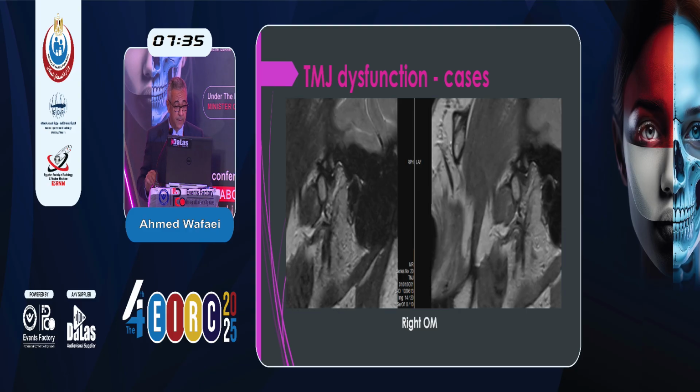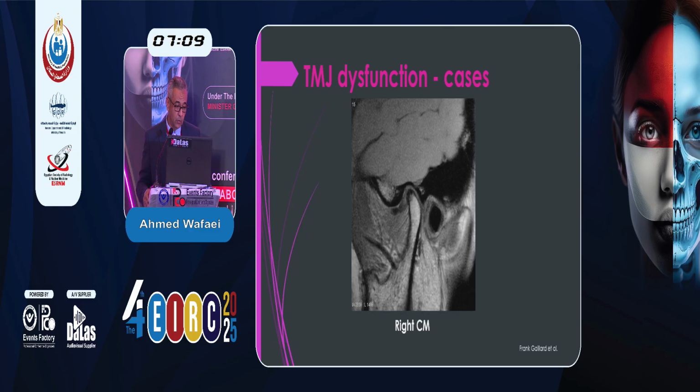In open mouth, with the range of translation, the head moves anteriorly to lie beneath the eminence and recaptures the disc, producing a click, and this is the cause of clicking of the joint in this mild type 1 dysfunction. So this is the pathology: reducible anterior disc displacement.